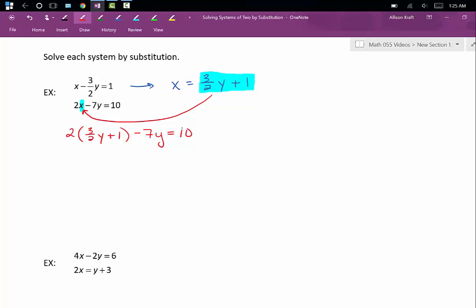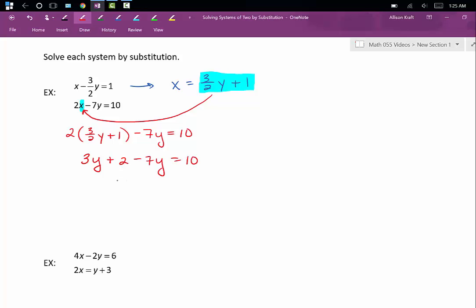We want to solve this linear equation in just one variable. Distributing the 2 times 3/2 y is going to give me 3y, and then plus 2 minus 7y equals 10.